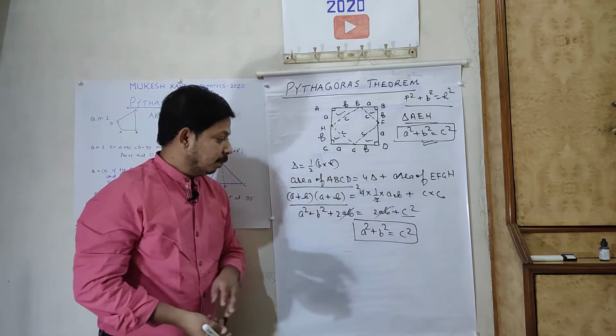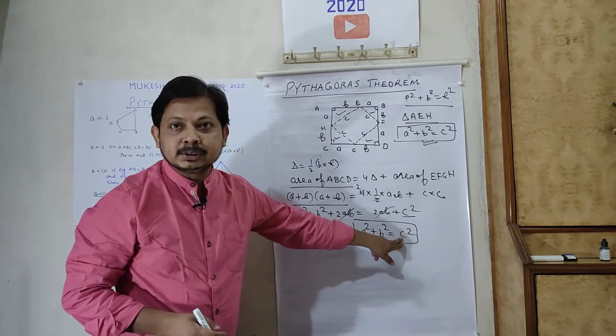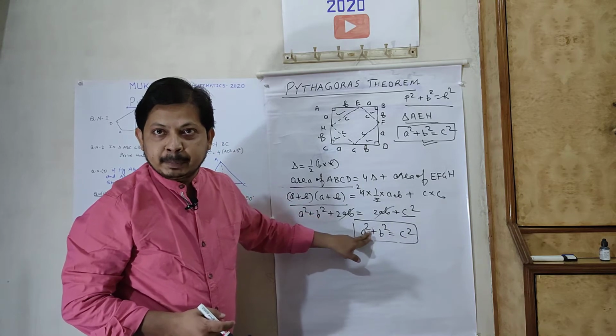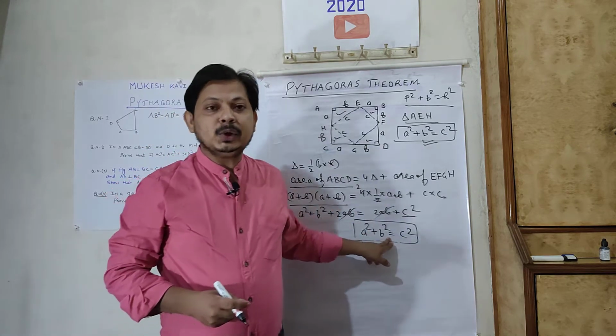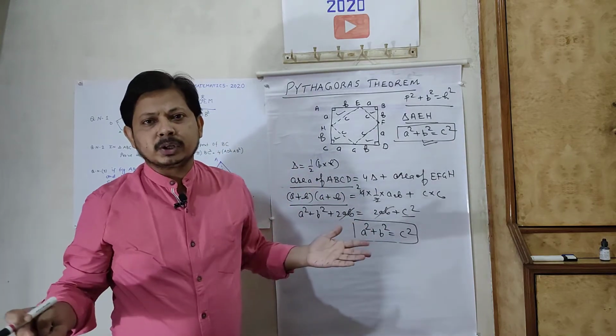See my friends, A square plus B square is equal to C square. This is our assumption for a right angle triangle: perpendicular square plus base square is equal to hypotenuse square. A very easy way to prove Pythagoras theorem.